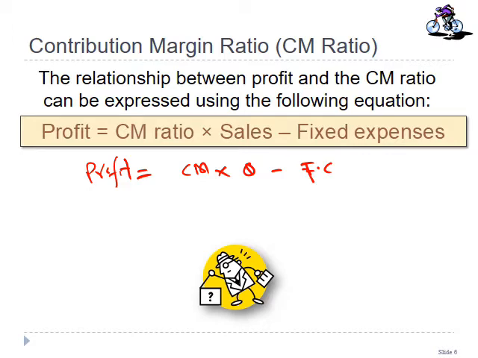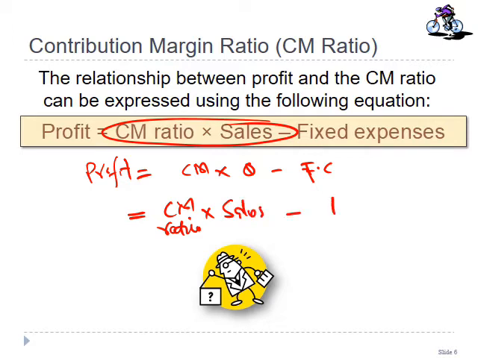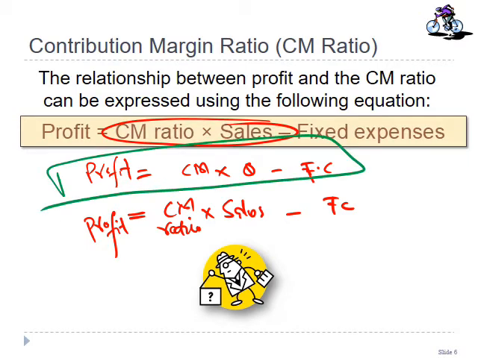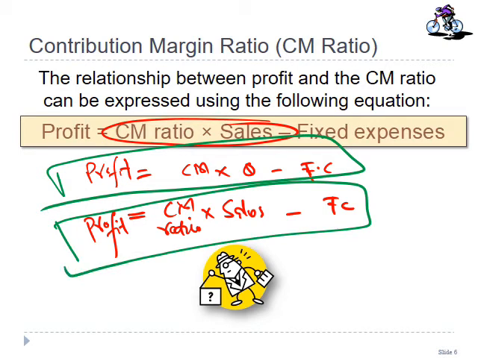So when we convert this into the CM ratio, the formula becomes CM ratio multiplied by sales in whole dollar numbers minus fixed costs. So these two are our formulas here. If you have CM per unit, that is in unit terms, you can use this formula. If you have CM in ratio form, then you can use this formula.